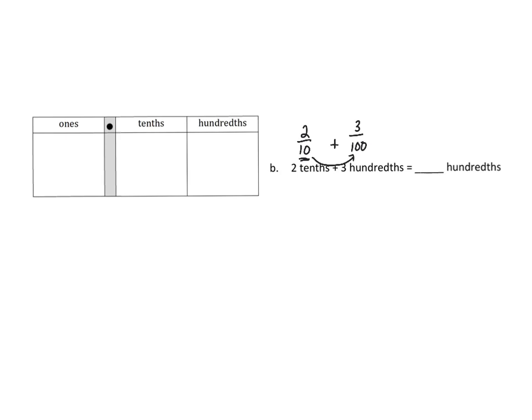So let's place our 2/10. So I have 1, 2. How many hundredths? I have 3. 1, 2, 3. And now I'm going to cash this in to hundredths. And how many do I have? Well, I have 10. 6, 7, 8, 9, 10. Take the last one, cash it in. 1, 2, 3, 4, 5, 6, 7, 8, 9, 10.